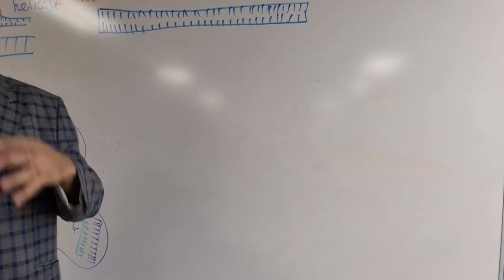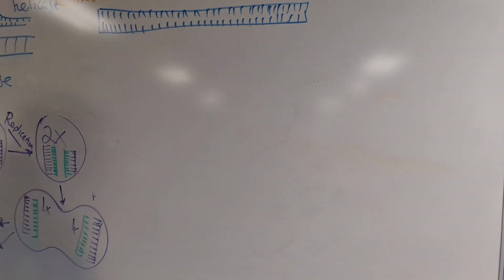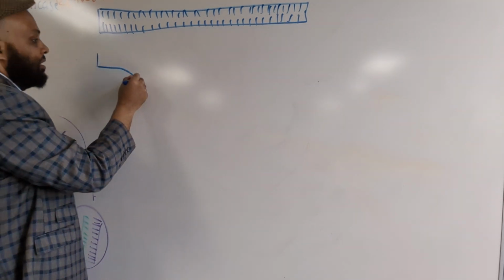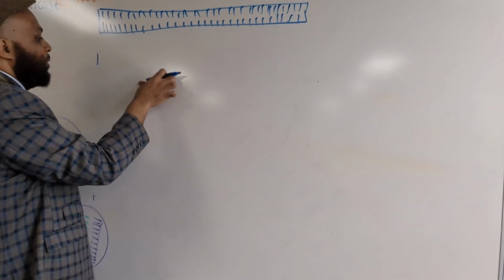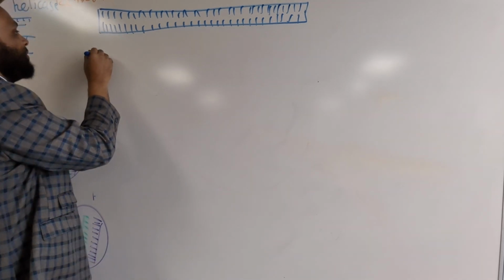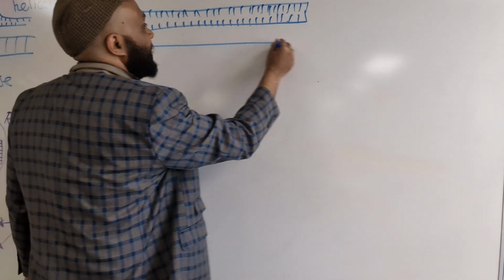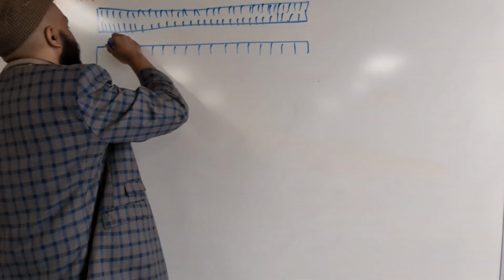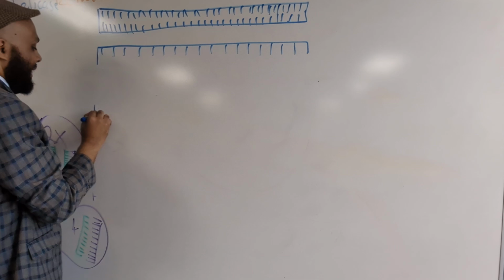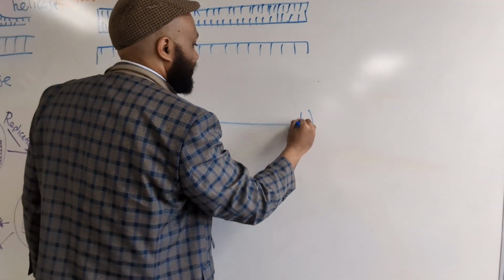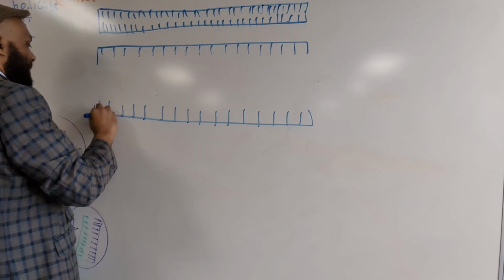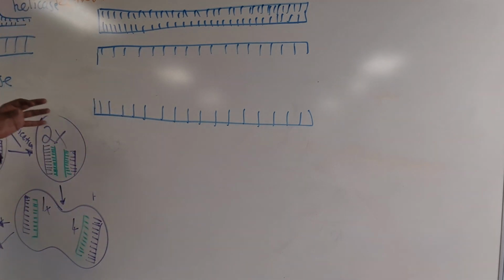In order for me to double my DNA, I need to unwind it. So I use a helicase to separate both strands. Both strands in blue are going to get separated. And after they separate, these are my two original strands.